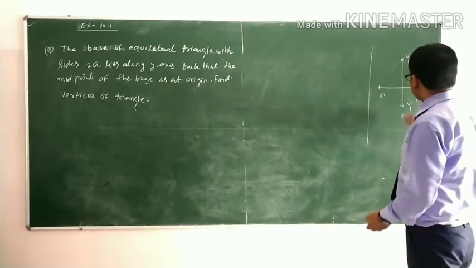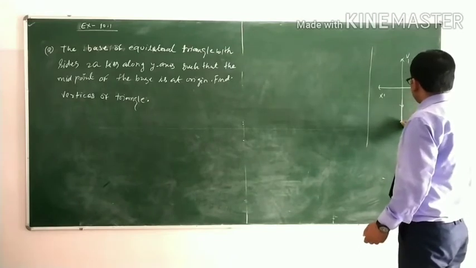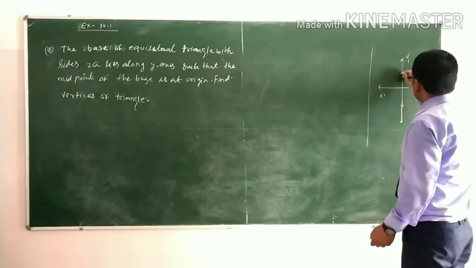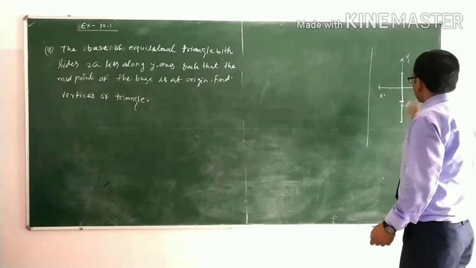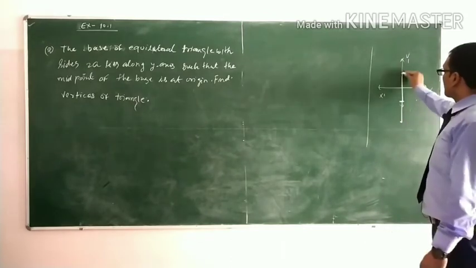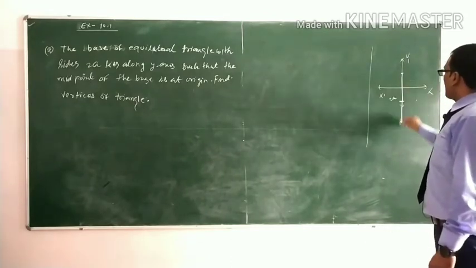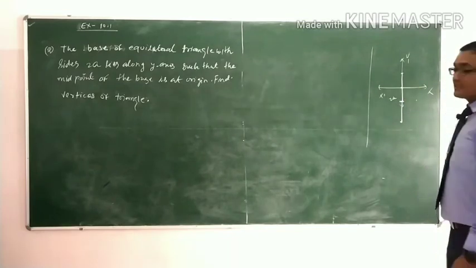Okay students, the base of equilateral triangle is along y-axis. The length of the base is 2a and midpoint of base is O.